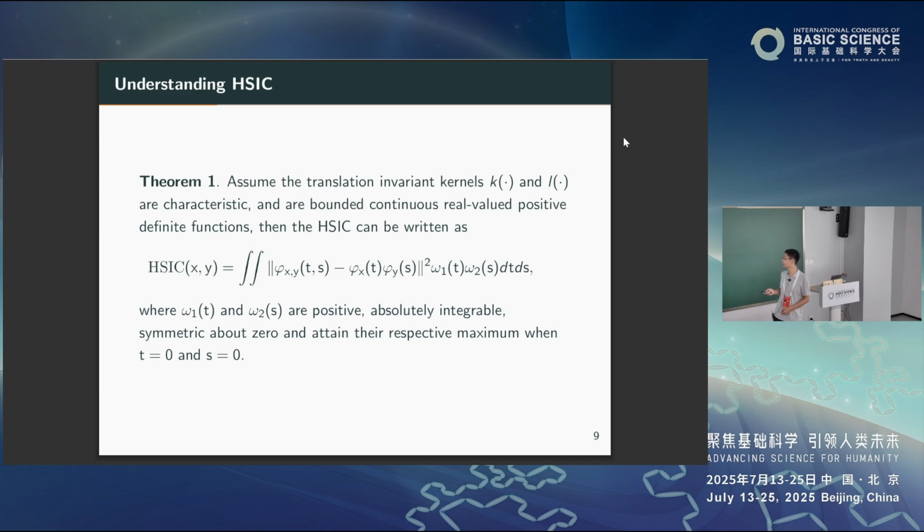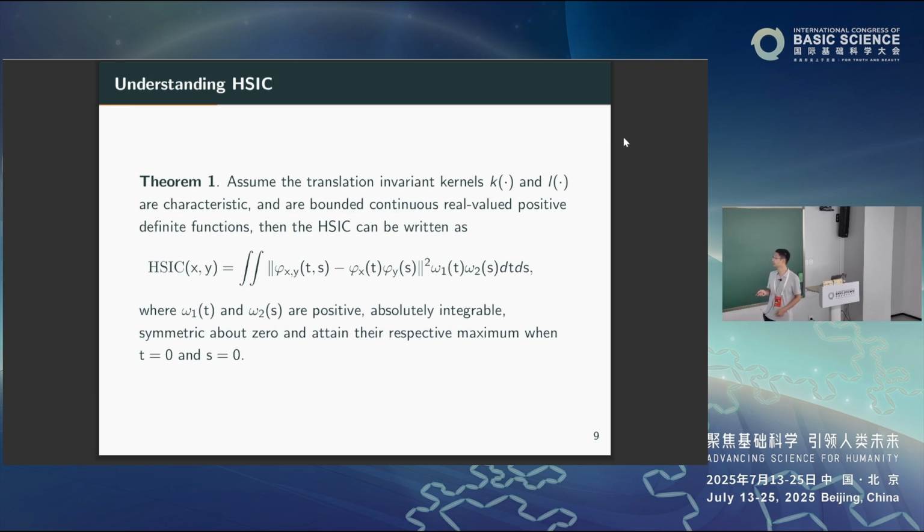And the more fundamental result lies in the last assertion. We will show that the property of being symmetric about zero and attaining the maximum at zero provides a certain kind of insight to understand why HSIC can only detect linear dependence, and it also motivates us to develop the new measure.